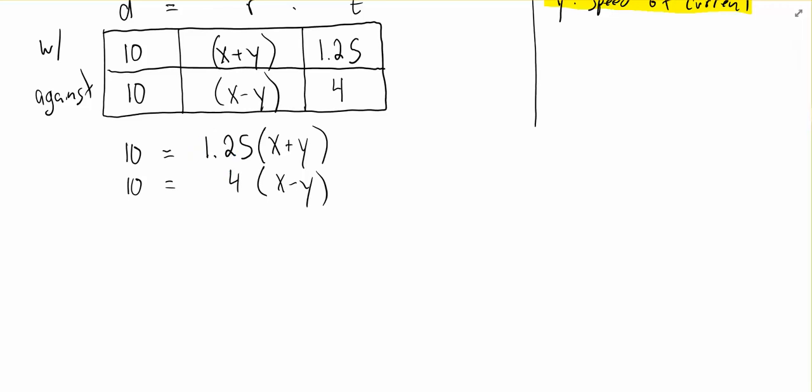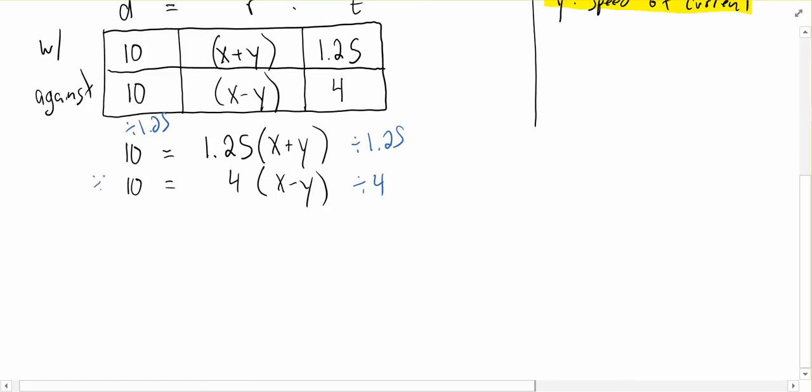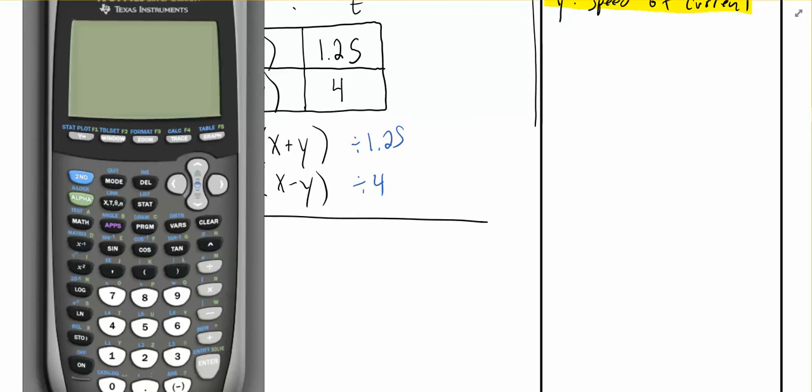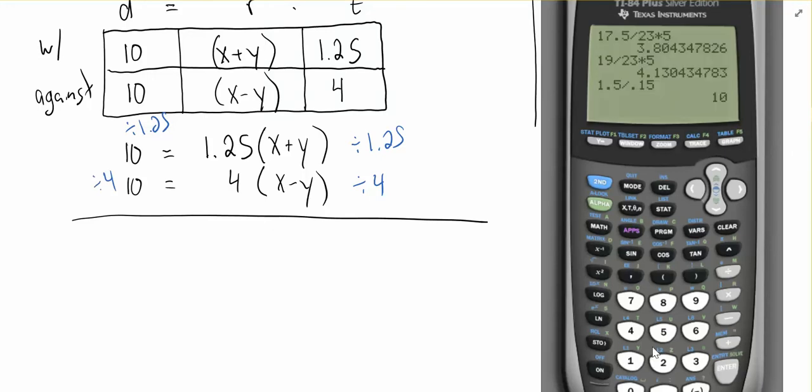Now I can't just get rid of them, but what I could do is divide both sides of the first equation by 1.25, and divide both sides of the second equation by 4. Let me get my calculator out just to make sure. Pretty sure I can do these ones in my head, but I don't like to make mistakes, especially when I'm recording a video.